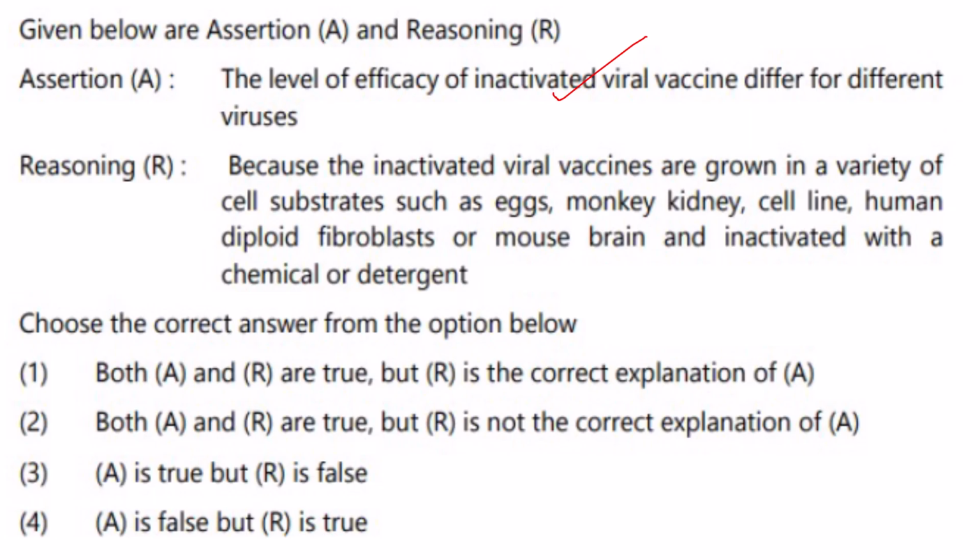And these viruses are inactivated with chemical or detergent. So because of this variation in cell substrates, and inactivation with either chemical or detergent, the efficacy of inactivated viral vaccine differs for different viruses. So both A and R are true, and R is the correct explanation of A. So option 1 is correct.